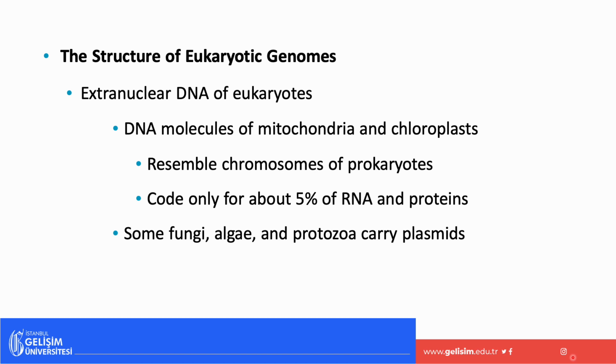These plasmids can carry genes that give selective advantages, such as antibiotic resistance or the ability to produce certain metabolites. Additionally, some plants carry plasmids in their chloroplast. However, it's important to note that plasmids are much less common in eukaryotes than they are in prokaryotes.